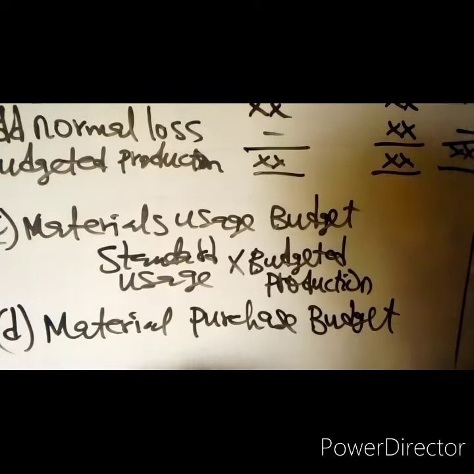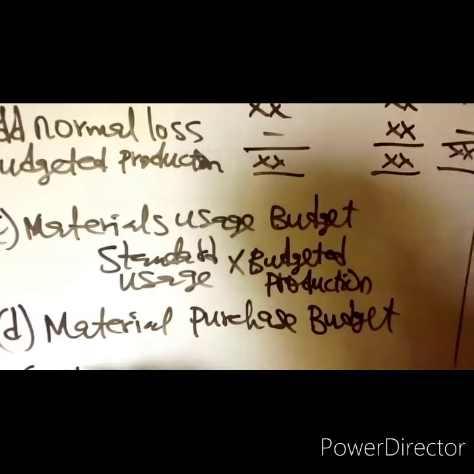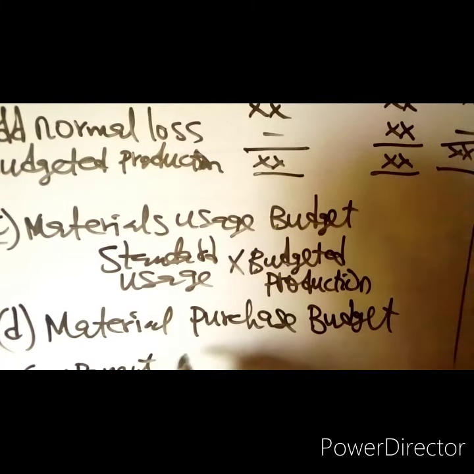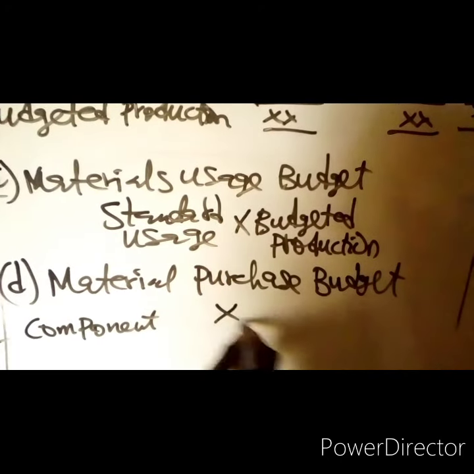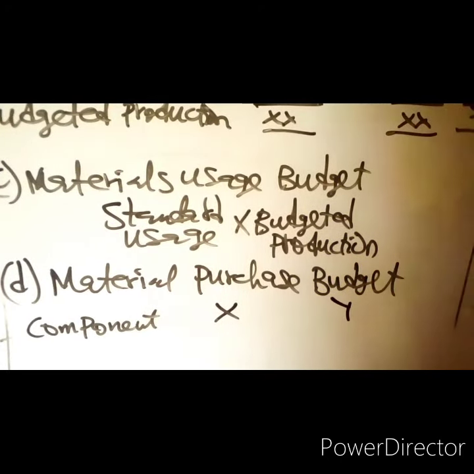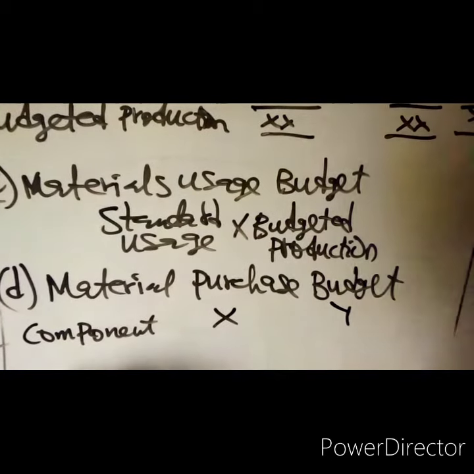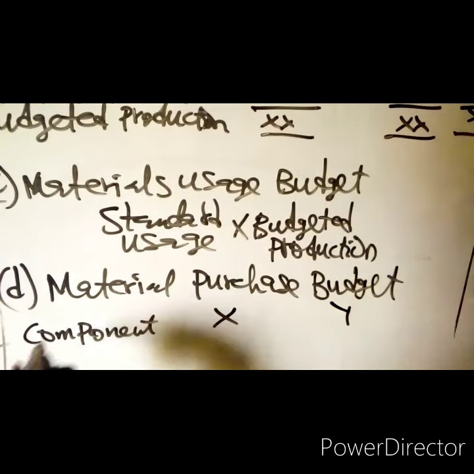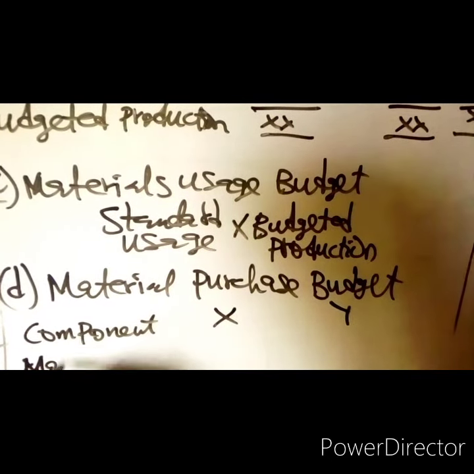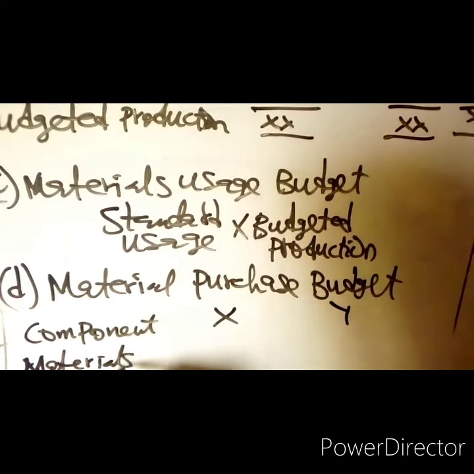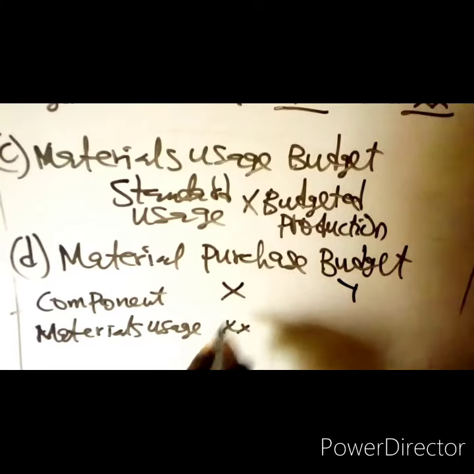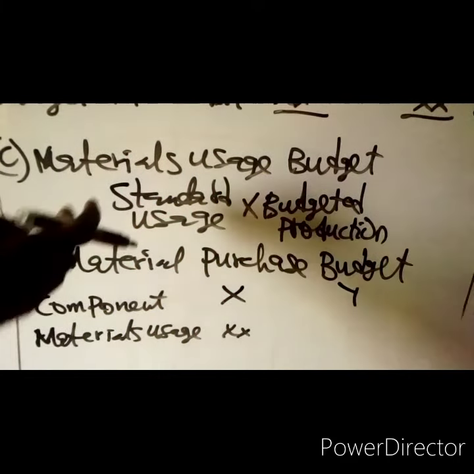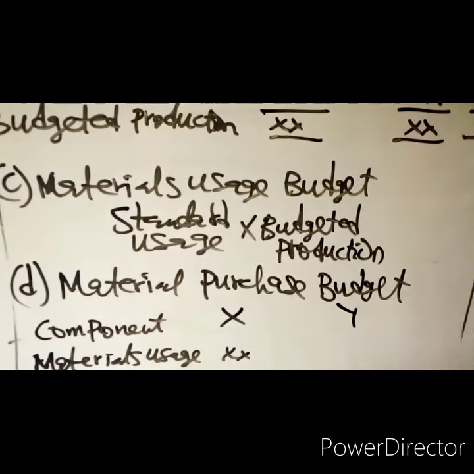Now, you may have components of materials. Let me have component X and component Y. You start with material usage, the result obtained in C above.